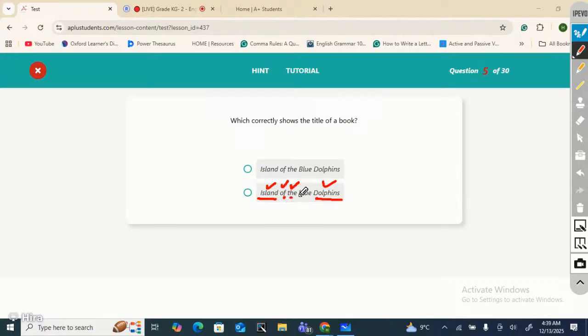But the word blue in between is an important word. So it is not capital here. It means this doesn't correctly show the title of a book. But if you look at option one, everything is fine. So option one is the correct book title.